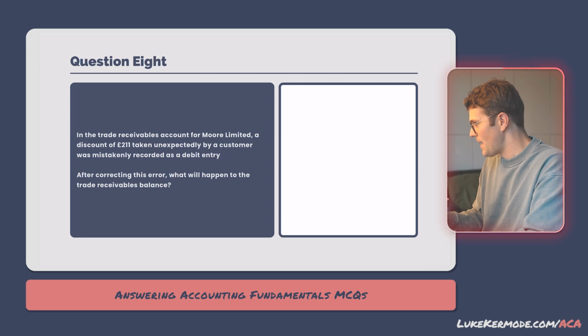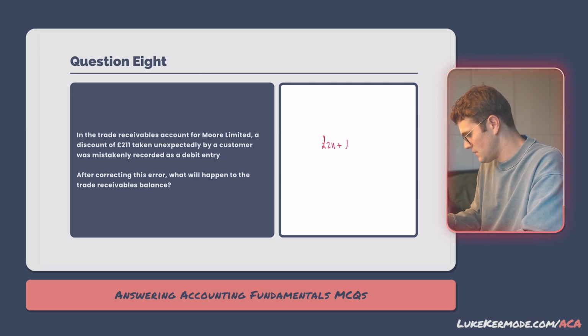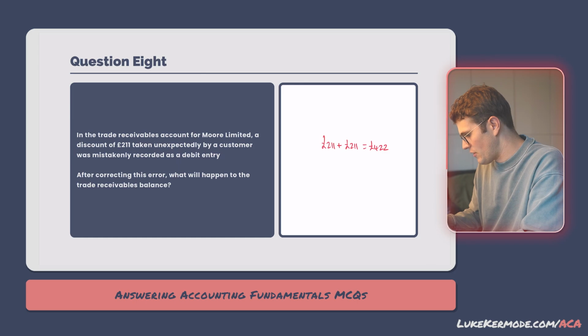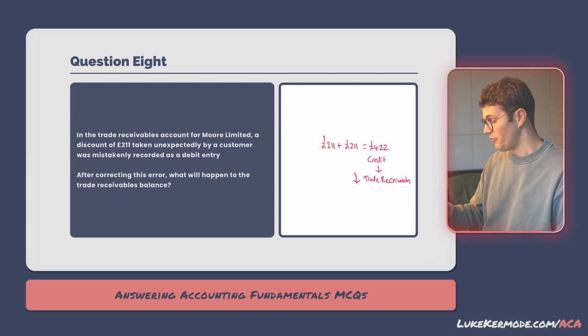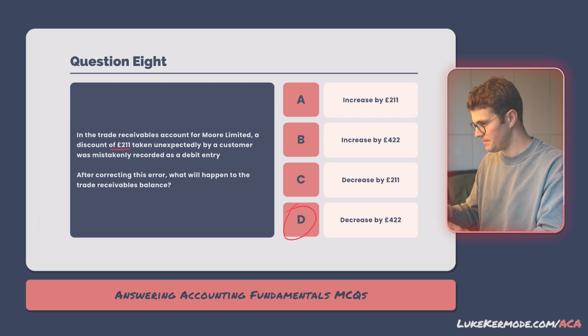So the net impact of making those two adjustments is a 422 credit to trade receivables, which leads to a decrease in that account balance. So the trade receivables account balance will fall by £422. Therefore option D is the correct answer.